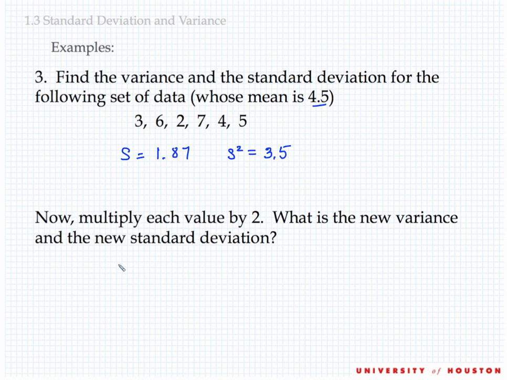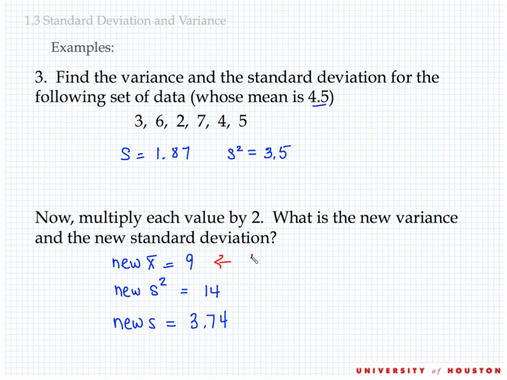When we multiplied everything by 2, our new mean became 9, our new variance was 14, and our new standard deviation was 3.74.